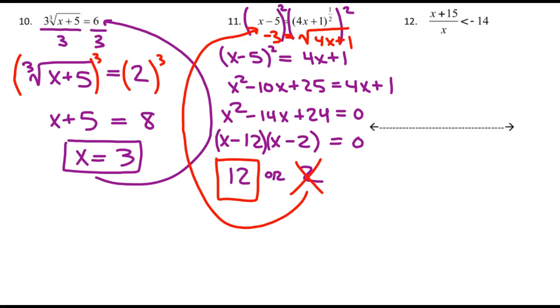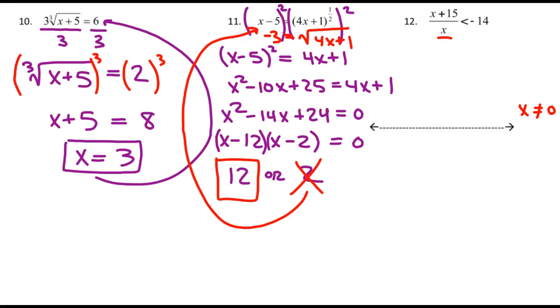The next one, we have an inequality, and with an inequality we use test points. The first point that we are going to put on our graph, I'm just going to write it over here right now, that critical value is 0 because x cannot equal 0. So that has to be an open circle on my number line because I have a denominator that is x. So x cannot be 0.